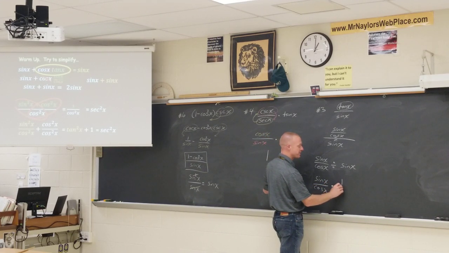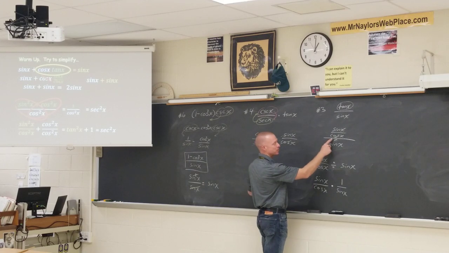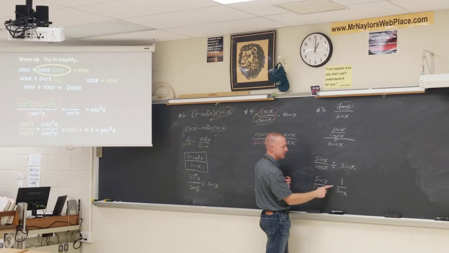There's a rule that says dividing is the same as multiplying by the reciprocal. And so I can use that rule to basically eliminate this original big fraction. It's a division sign. It's the same as multiplying by the reciprocal, which is 1 over sine.